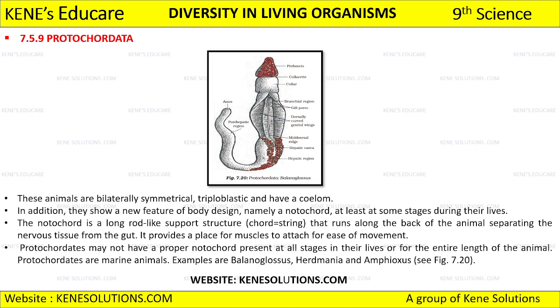These are some of the examples of protochordates. So I want each one of you to please write the characteristics in your book. I hope everyone is going through it.